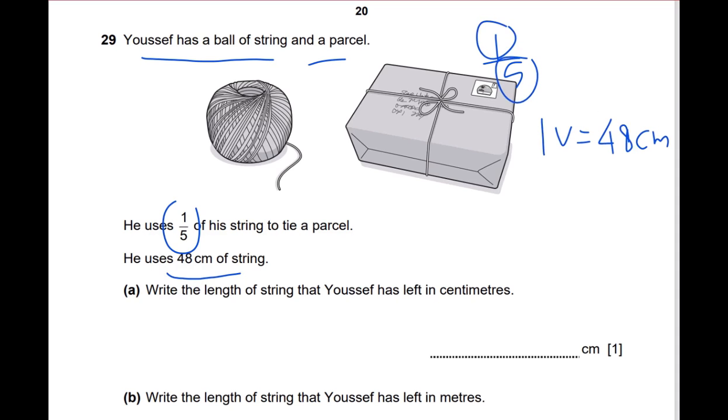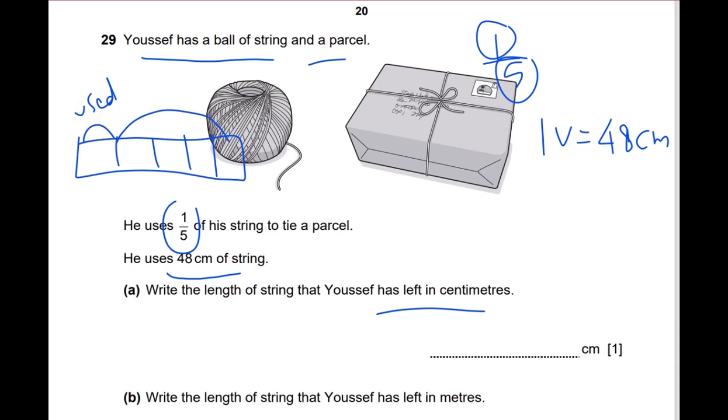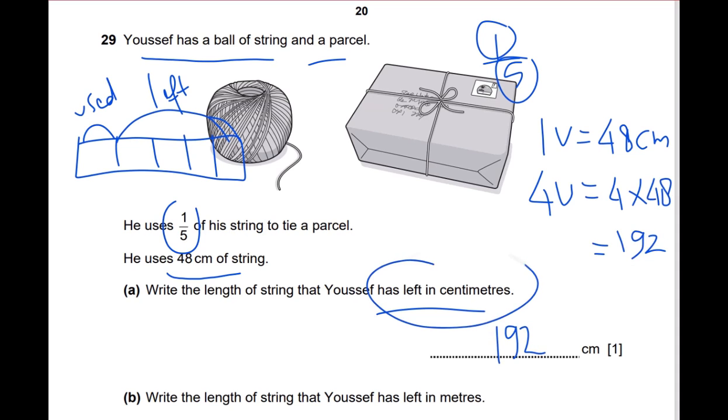Used is 1 unit, and left is 2, 3, 4, so left means 4 units. We have to find 4 units: 4 times 48, so we will get 192. 192 is the length of string Yusuf has left in centimeters. Is this clear? Alright, next.